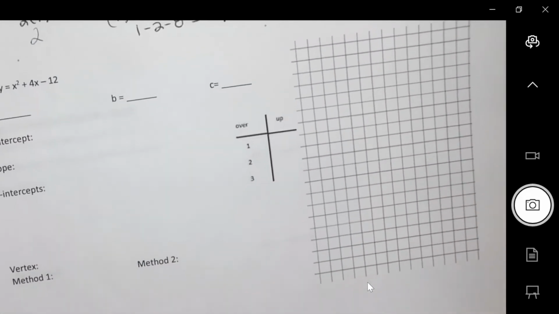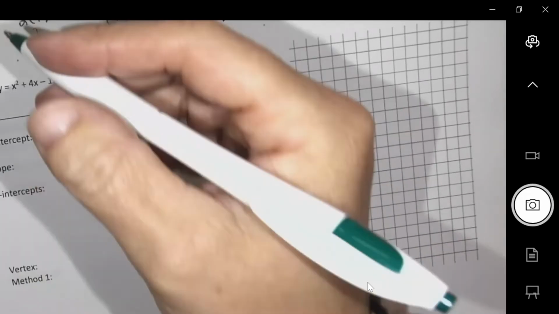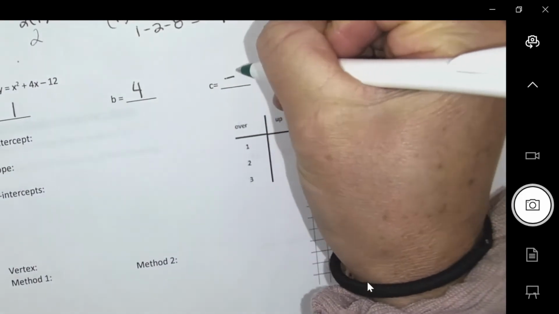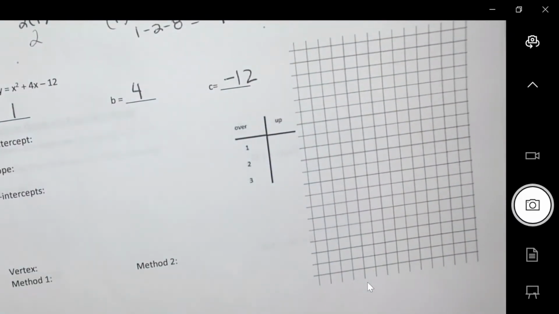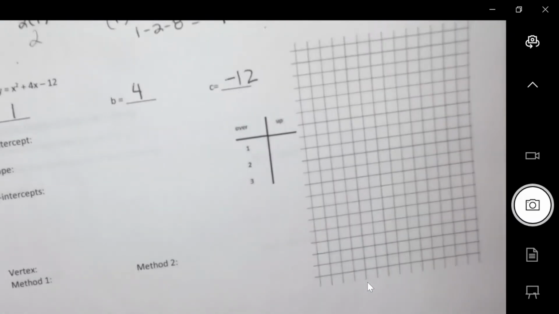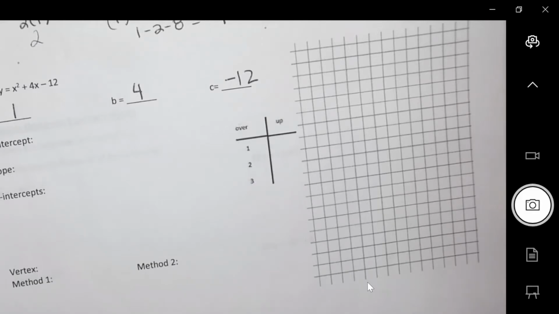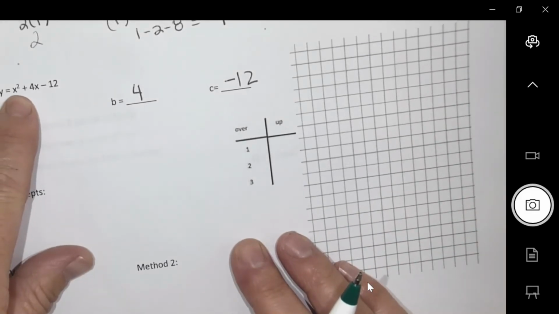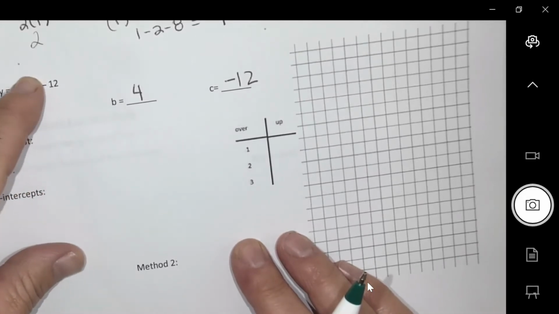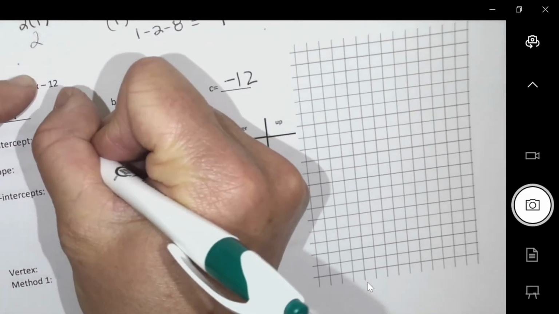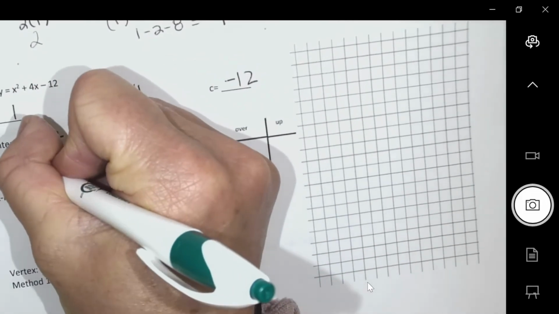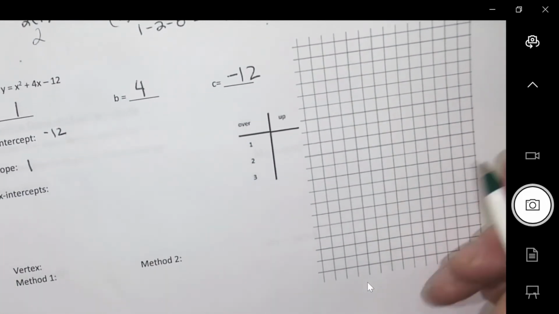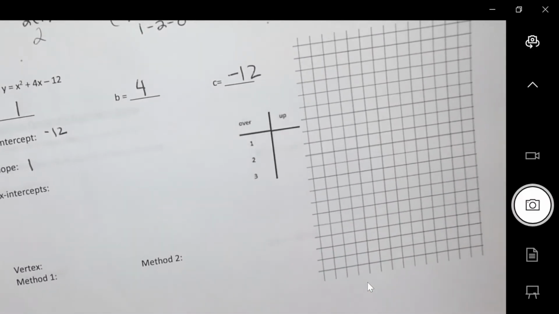Okay, so this is the same thing. Let's try to do it a little faster. So 1x squared, 4x and a -12. The y-intercept, if I was to eliminate x with zeros, I get -12. The slope is 1, we're going to jump down to the vertex.